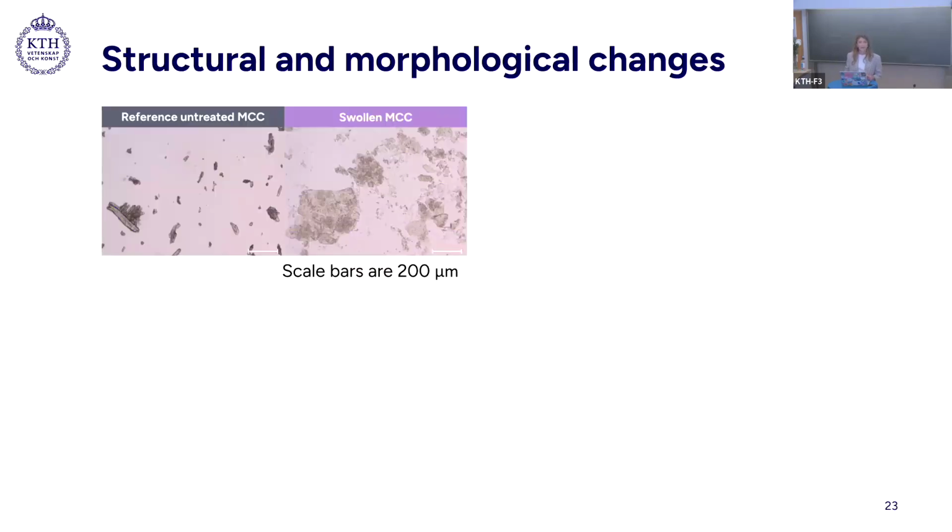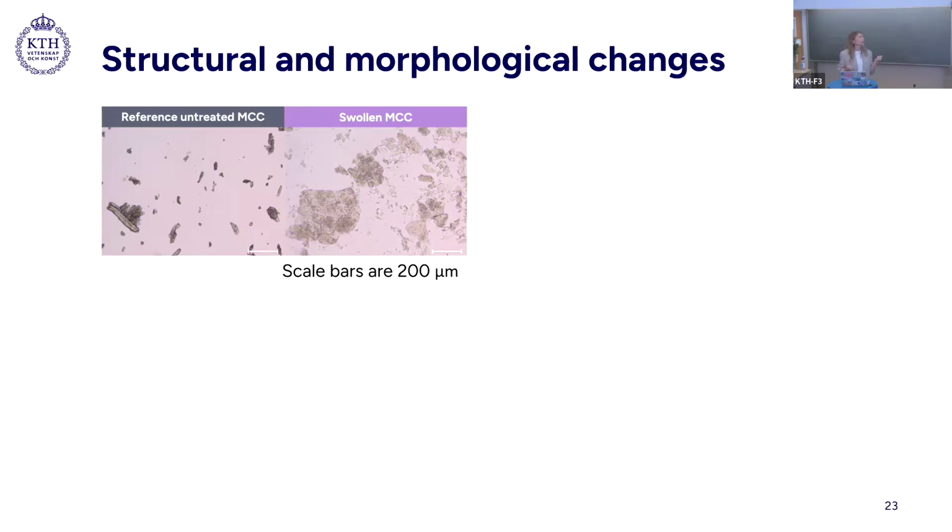And then we looked a bit at the structure. How does the structure change? Can we connect this to the reactivity? What we could see was that when we look at our particles, the microcrystalline cellulose, in optical microscopy, we can see that they have quite sharp edges, and we still see some type of what could be fiber morphology.